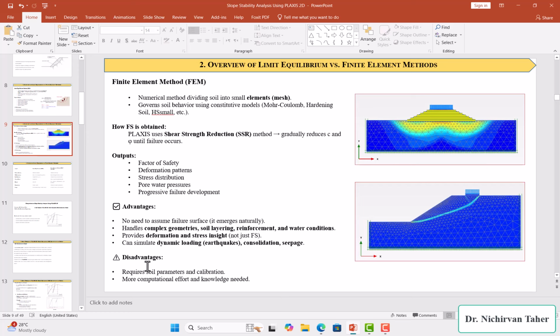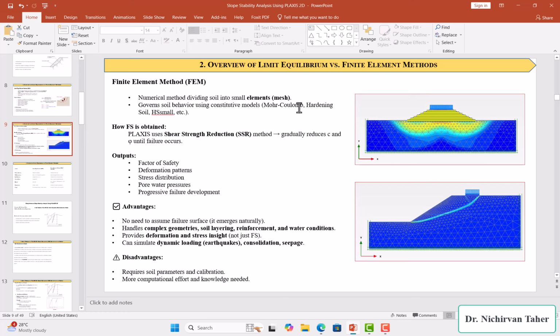However, there are also some disadvantages of this method. For example, it requires soil parameters and calibration. As I mentioned before, when using the finite element method and PLAXIS software, we need to define the soil using a suitable constitutive model, such as Mohr Coulomb or the hardening soil model.